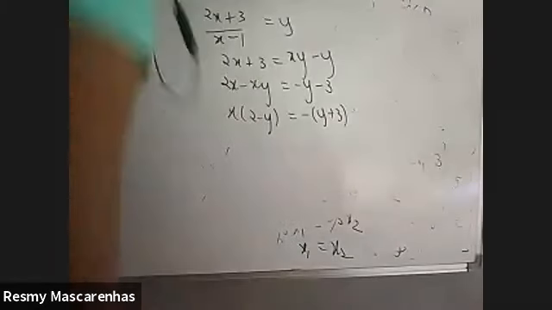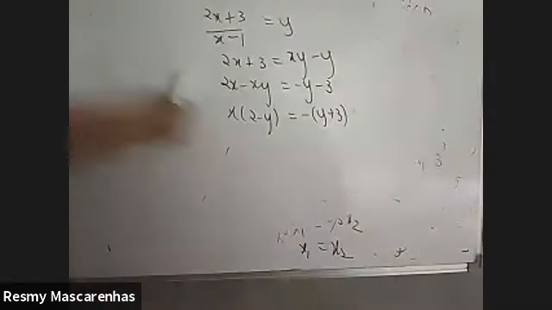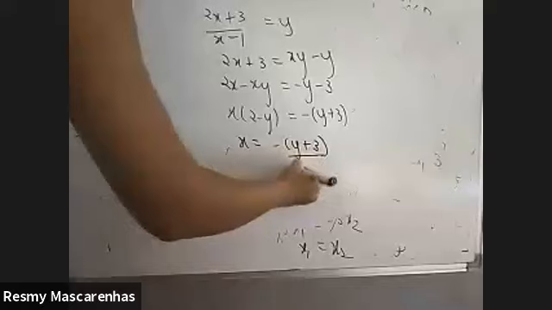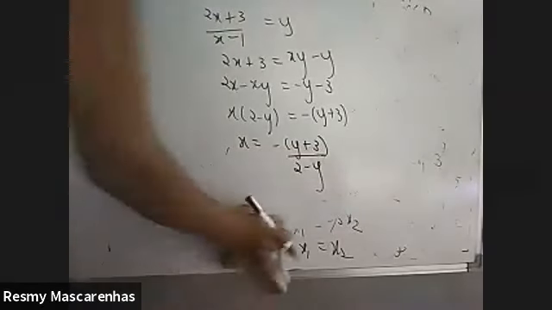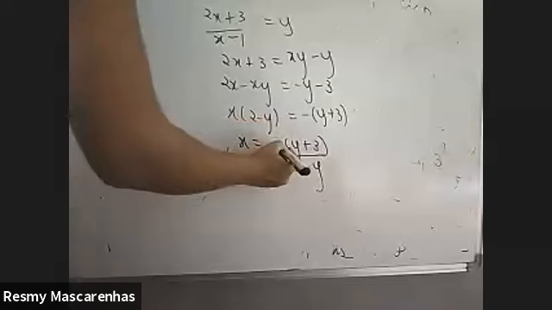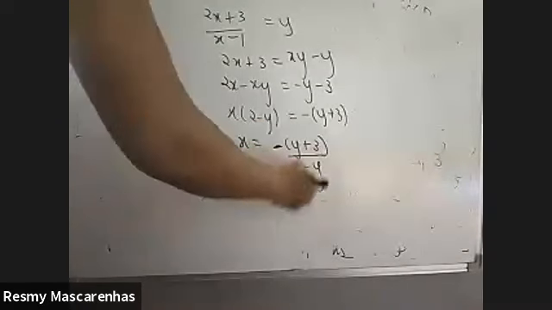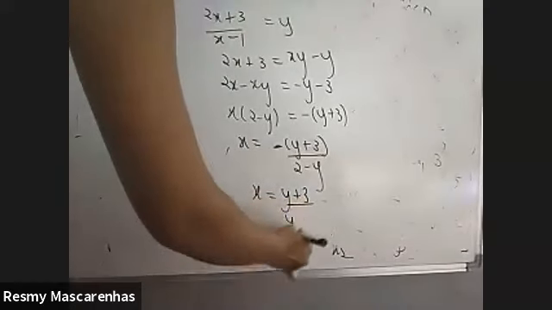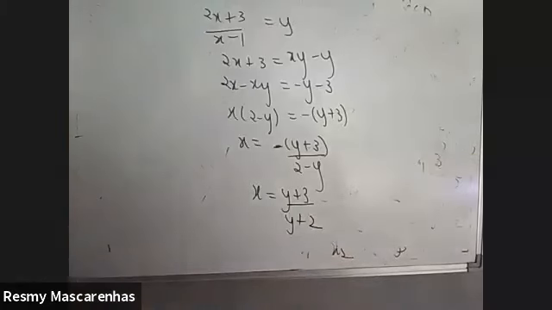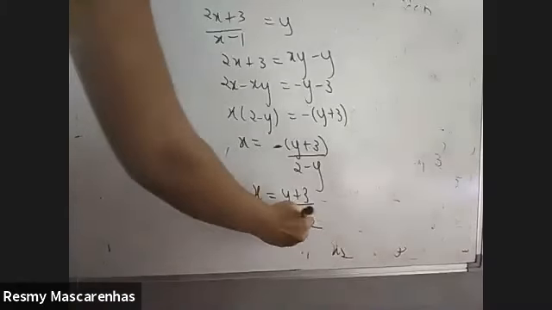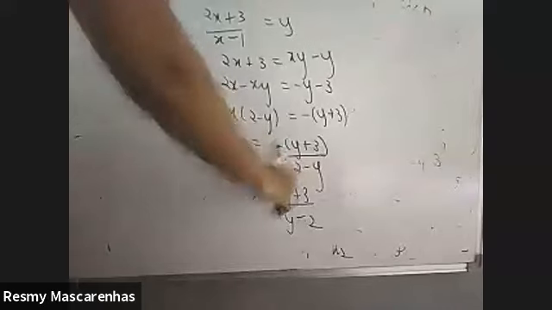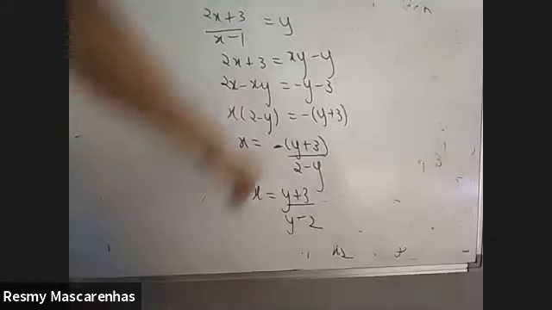So x will be minus (y plus 3) upon (2 minus y). Okay, so I can use this y over here. You can keep it like that also, no problem. Still okay. Or else you can make this reverse. Use this minus here. So it will be what? (y plus 3) upon (y plus, sorry, y minus 2). Ulta. Okay, I use this minus, so minus 2 plus y. So I reverse this instead of keeping minus out.